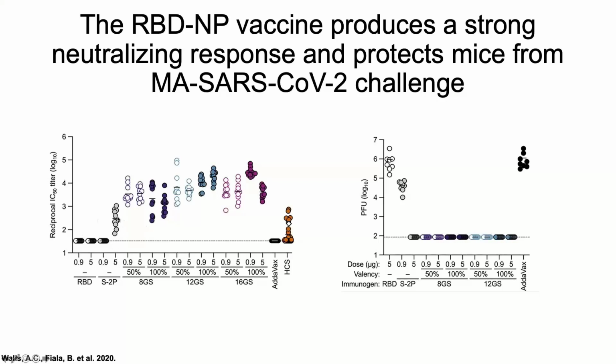The spike on its own, the S2P trimer SARS-2 spike, is able to elicit a neutralizing response, but only at a higher dose, so at 5 micrograms.